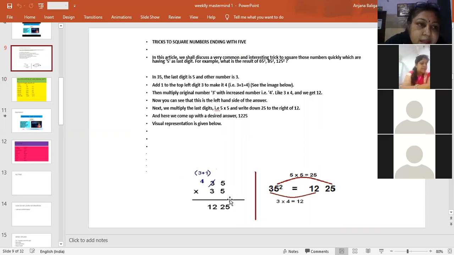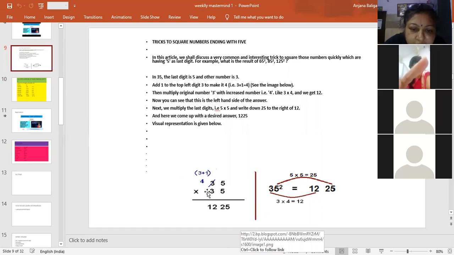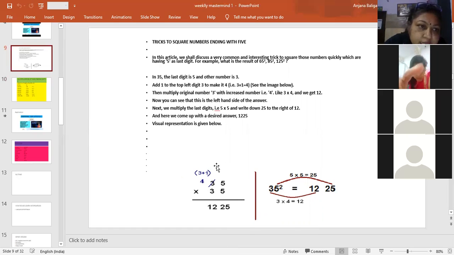In a traditional method, when you have to multiply 35 into 35, what do we do? 5 5s are 25, 2 carry, 5 3s are 15, and then you write 17. Then you write below a cross, then you multiply 5 3s are 15, and then 3 3s are 9 and 10, and add the 2.